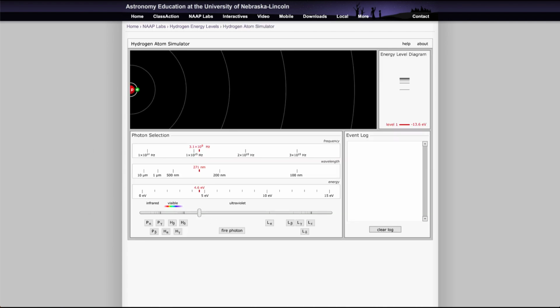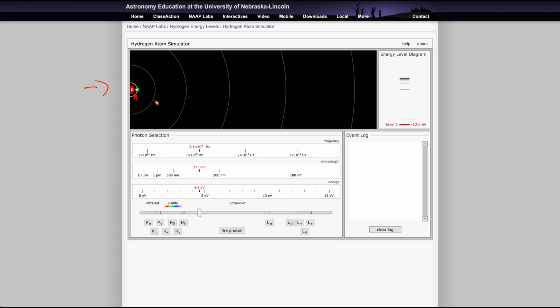So as we pull that up, it will show a few different things. First of all, it shows the atom here on the left hand side, and we have the proton for the hydrogen atom at the center, and then the electron orbiting it, in this case in the very first or ground energy state.